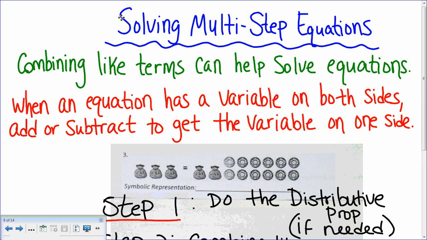So basically what the second one is saying is if you have like 3n plus 7 equals 2n minus 5. It says add or subtract to get the variable on one side, which means one of these numbers we're going to add or subtract to get it, so we want the variable on one side. That's what that's saying.